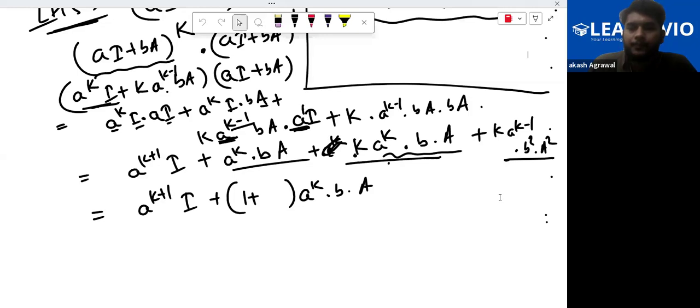Okay. So A square we can find using the A matrix. A matrix is given as 0, 1, 0, 0. So please find the A square matrix, everyone.